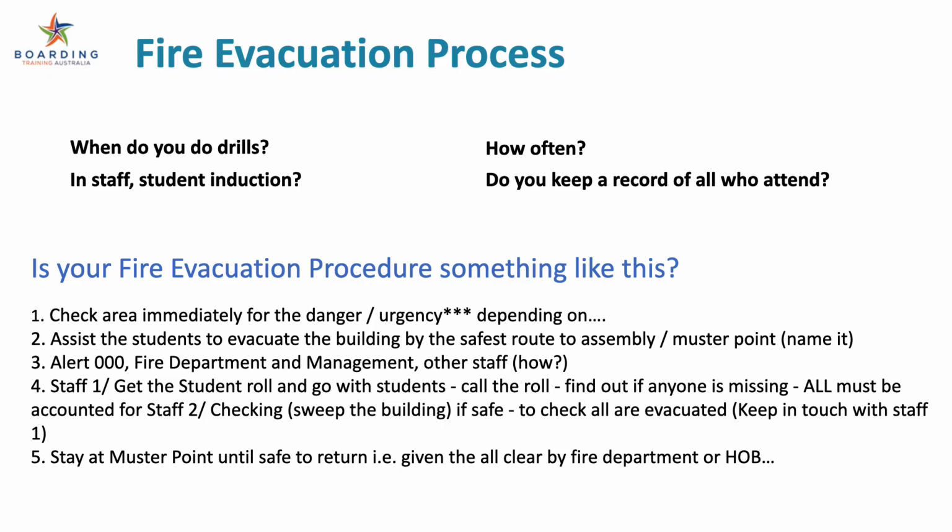Most fire alarms these days will automatically alert the local fire professionals, the fire department, but you would let other people know and get other people involved, particularly your head of boarding. You would have a student roll, or you might have this on your phone or on some other device, and you take that out with the students and check to find out if anybody is missing.